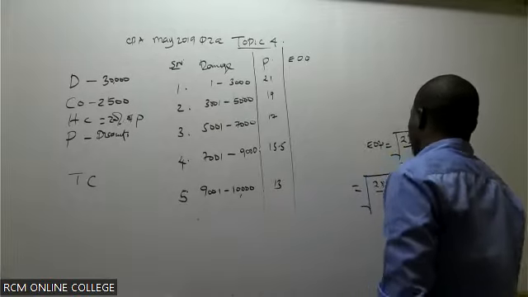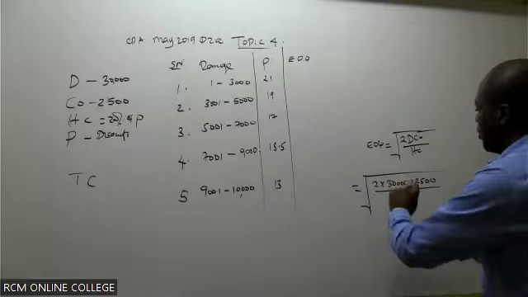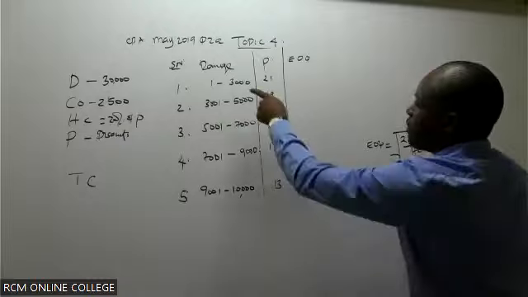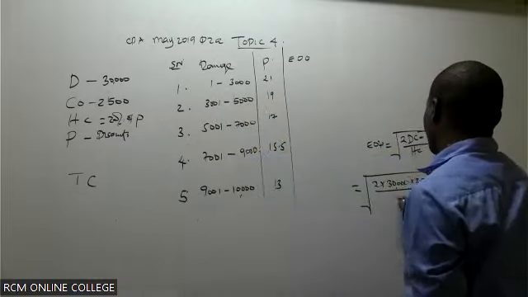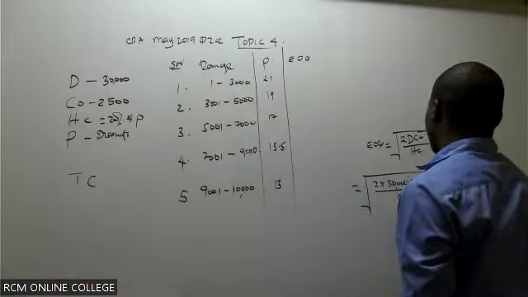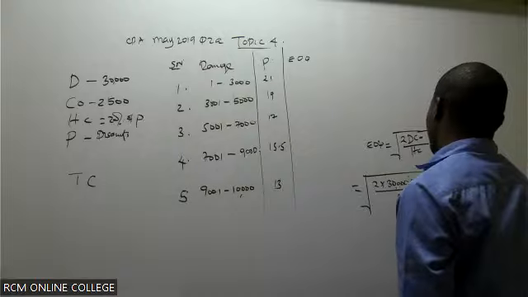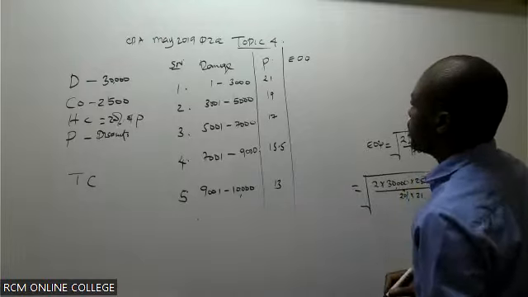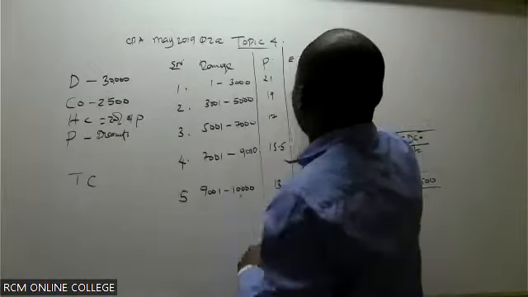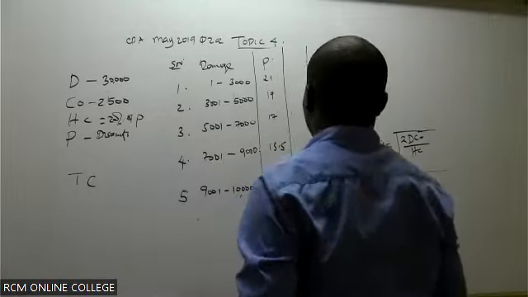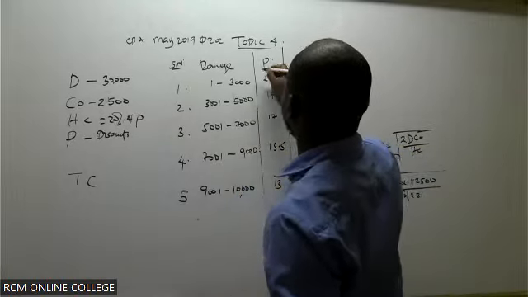Look at this model. The numerator will not change. It is the denominator that is going to change. So I will come here and put my holding cost. The first one, I'm told holding cost is 20%, which is the same as 0.2 multiplied by purchase price, which is 21. Or you just put your 20%. I can decide to create space here for that holding cost because I'm going to use it somewhere.